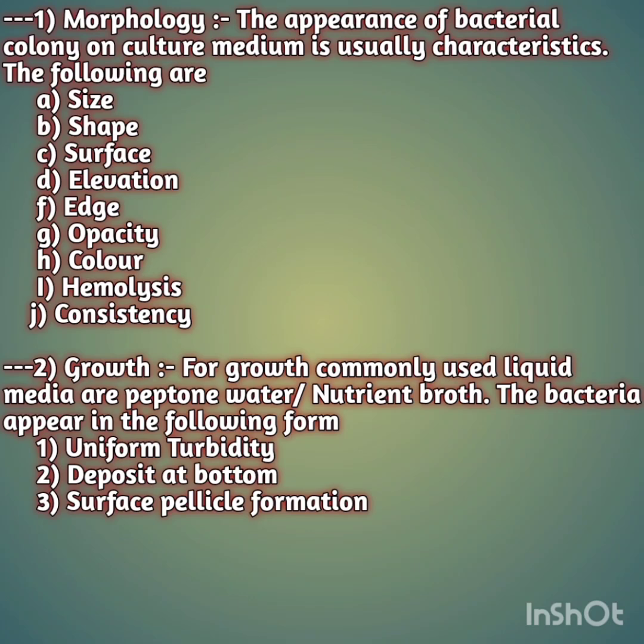The bacteria appear in the following forms: uniform turbidity; second, deposit at the bottom, meaning it settles down like sediment; and third, surface pellicle formation. Some bacteria form a pellicle on the surface. From these three kinds of growth, we can identify the bacteria, and we can grow bacteria in liquid media which contain peptone water and nutrient broth.